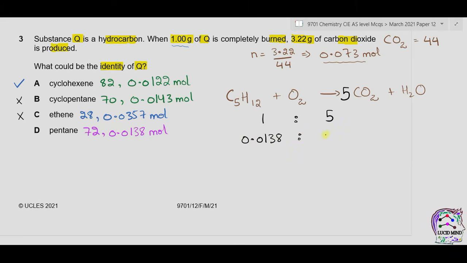It will form X moles of CO2. By cross multiplying, the number of moles of carbon dioxide is 0.069 moles of CO2. As we can see that this is not similar to this one, so D is also wrong. Correct answer is therefore A.